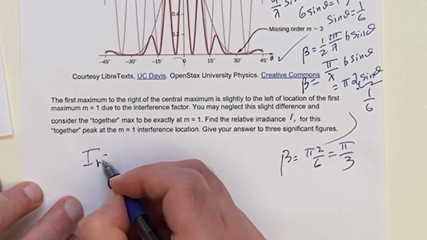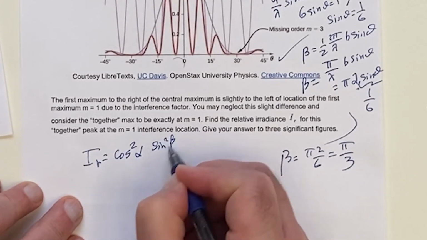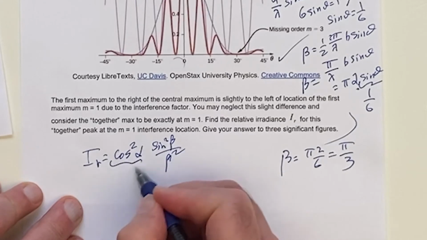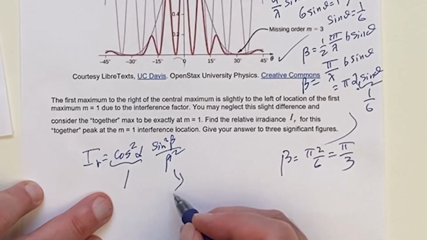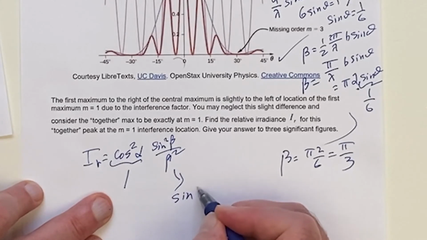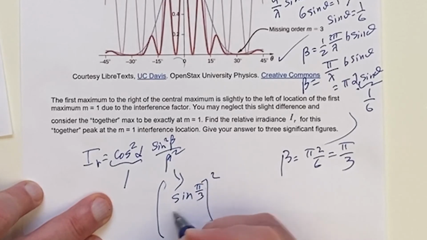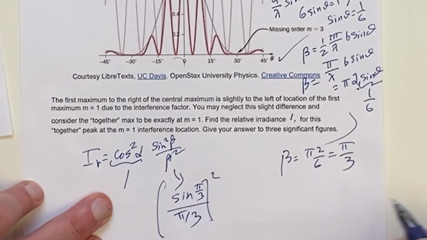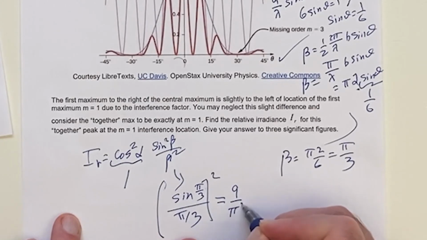See, the irradiance is the cosine squared alpha times sine squared beta over beta squared. Since the cosine squared is 1, I just need to deal with this. And this is going to be the sine of pi over 3, squared, over pi over 3 squared. The denominator will flip. I'll get 9 over pi squared.